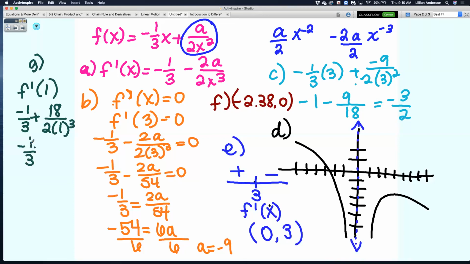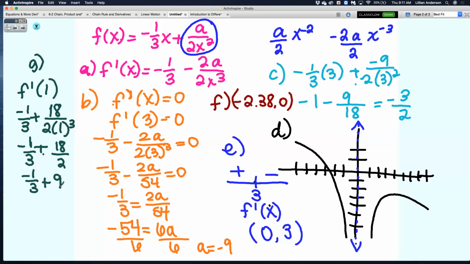Becomes negative 1/3 plus 18 over 2. What's 18 over 2? 9. So when I do negative 1/3 plus 9, what is my answer? 8 2/3. And what would that be as an improper fraction?